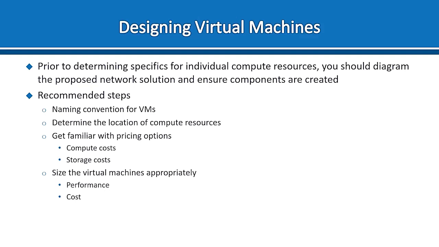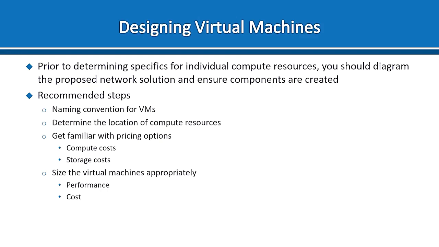Okay, so one thing to start: prior to determining the specifics for individual compute resources, we need to diagram the proposed network solution. So we start with the network, the VNets. Those VNets are used to provide connectivity between Azure virtual machines and services. If you've got stuff that's on the same network, then they can access one another. But by default, if they're on different virtual networks, they cannot connect, right?